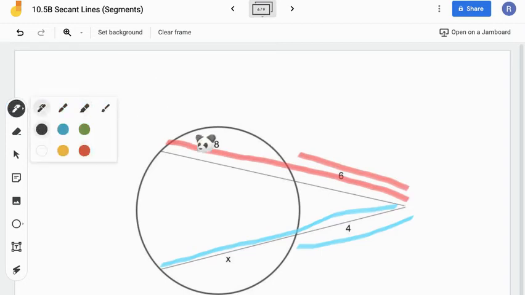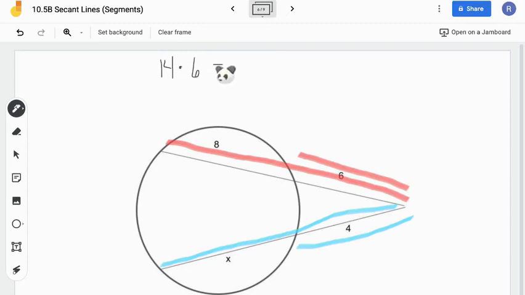In this case, 6 plus 8 would be 14. We're going to multiply that by the outside amount, which here is 6. And then we have the entire length, which is 4 plus x. And we're going to multiply that by the outside amount, which is 4.